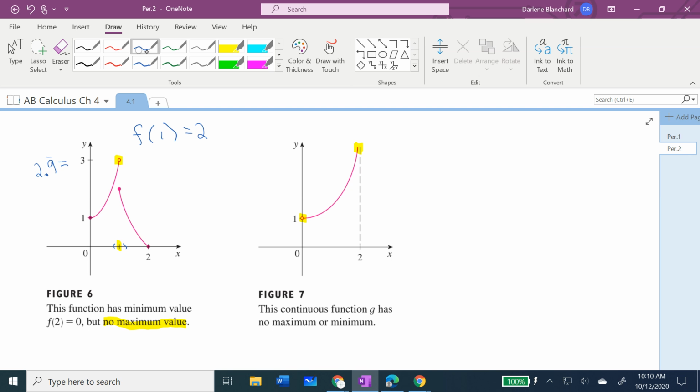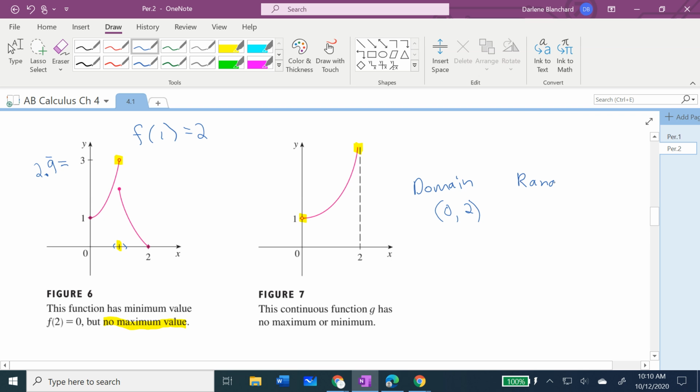Like if I were trying to express the domain of figure 7, I would use a round circle for x equals 0 and, sorry, I just realized I'm mixing and matching my domain and range as I'm speaking. My domain is open interval 0 to 2.